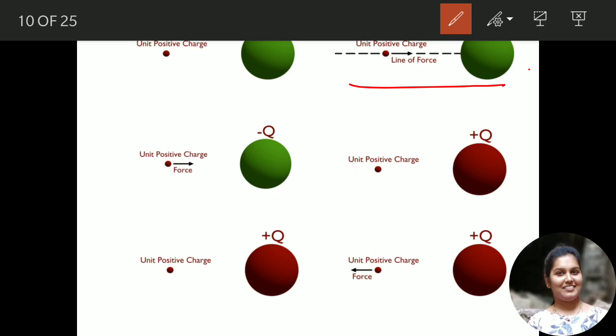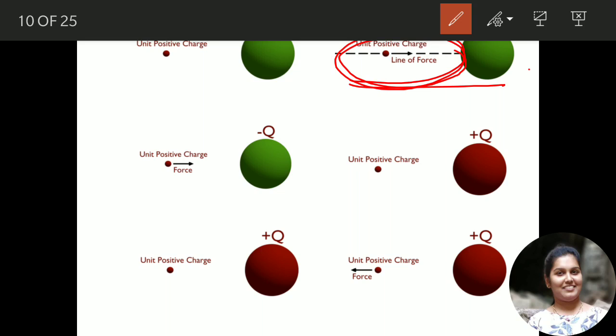So we can observe that the unit positive charge and the charge minus q are joined at the centers. The line along which the unit positive charge moves towards this negative charge is defined as the electric line of force.